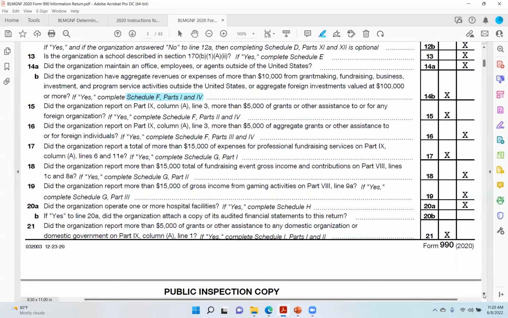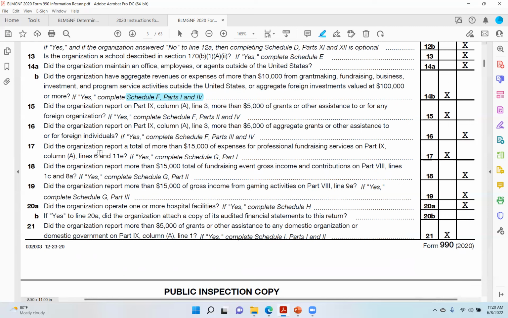So I'm keeping my promise to analyze the Form 990 information return that the Black Lives Matter Global Network Foundation submitted for 2020, because I can't ask them to provide information and then not analyze it. So I know it's not exciting.